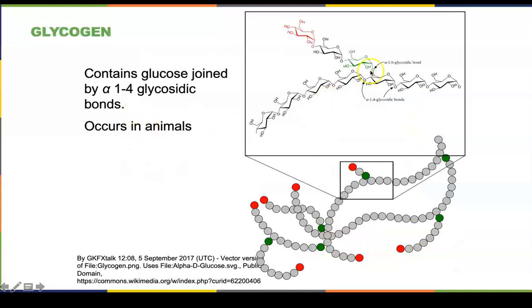The difference with glycogen is that glycogen has some glucoses for which a branch occurs, and instead of having only one glucose attached, it has two glucoses attached. And so you can see that these occasional branches in glycogen give it a different shape than we saw for starch on the previous diagram. Glycogen is used for energy storage in animals, just as starch is used for energy storage in plants.